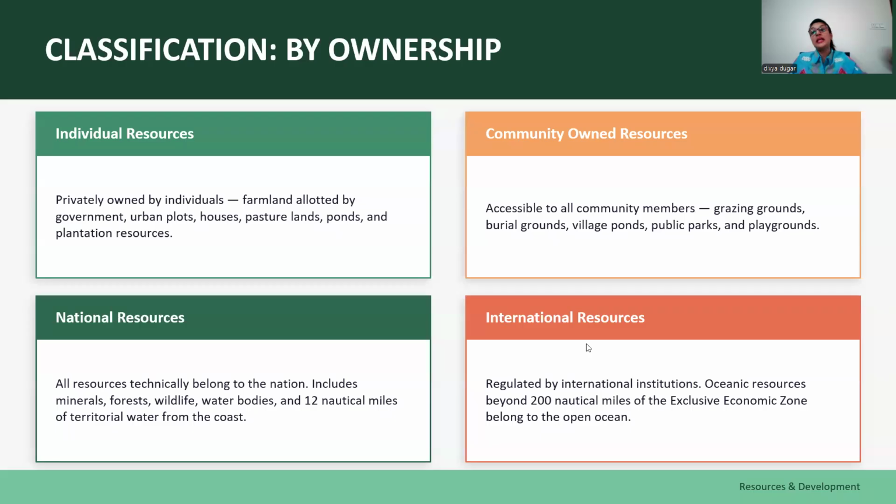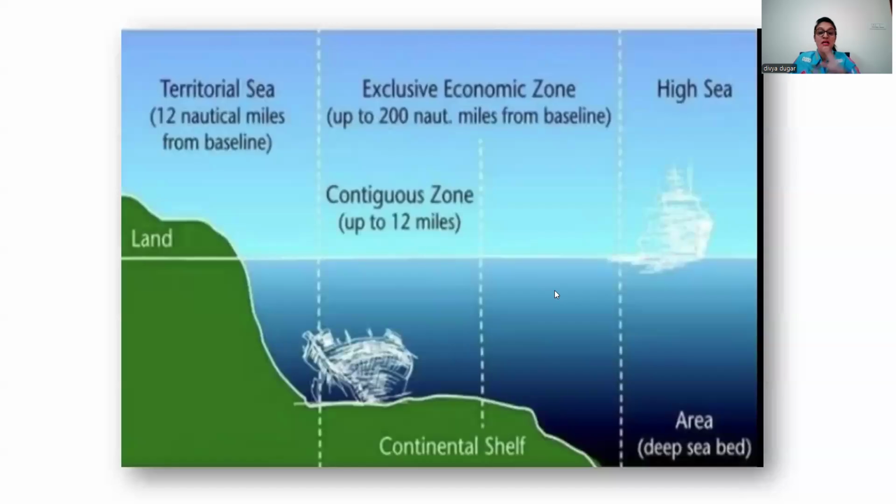Now, children, the next category is international resources, regulated by international institutions, oceanic resources beyond 200 nautical miles of the exclusive economic zone. Children, now again, to make you understand international resources, I'm taking you to this diagram again. So students, you know the 12 nautical mile area from the baseline belongs to our nation.